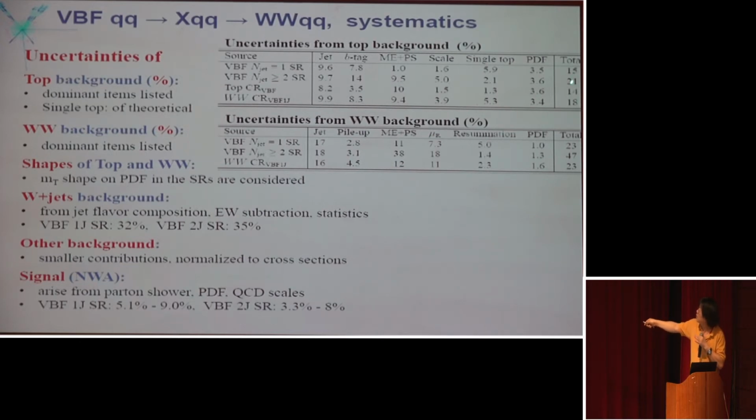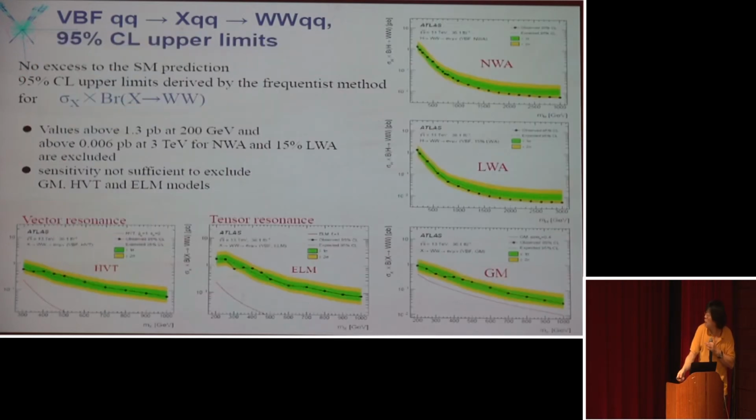These are in percentage, and the systematic is estimated up to about 20%. It's quite high actually. But within the 20% systematic, everything is within the standard model prediction. That's the picture we have so far.